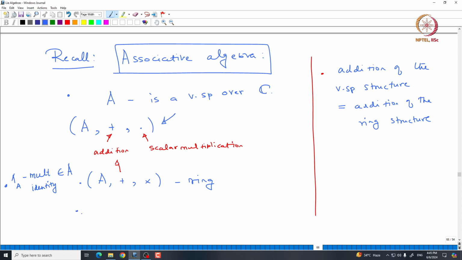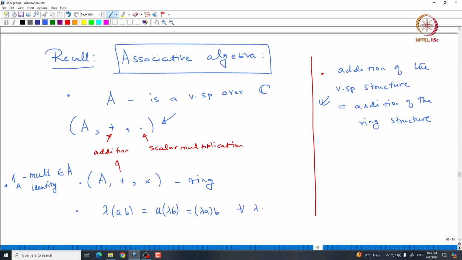And the fourth condition: we need to have some compatibility between these two structures. This is the first compatibility, so here is the second compatibility. Whenever we take a scalar lambda and elements a, b in capital A, the product lambda a b should be the same as a times lambda b, which is the same as lambda a times b.